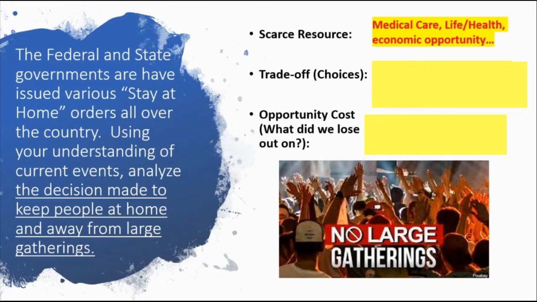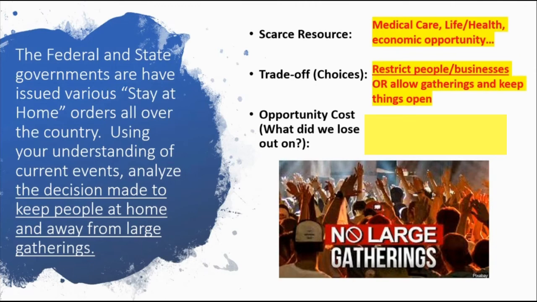So the trade-off, of course, would be to stay home or to not stay home, restricting people and businesses versus allowing life to return to normal, allowing gatherings and keeping things open. That would be the alternate choice. So here's where you can look at the other side of the argument.